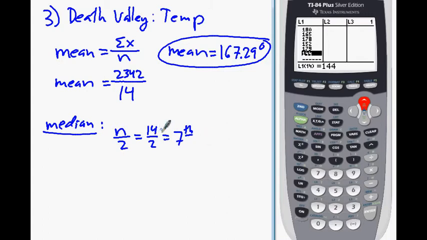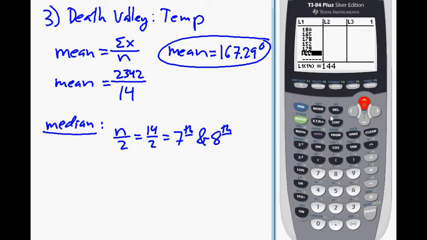But as we've talked about before, when you have an even numbered list, there isn't a single middle position. It's a middle pair, so it's going to be the 7th and the 8th position. It's always the result of this and the one above if it's even. If this is an odd numbered list, you'll end up with a 0.5 and then you just round up and you have a single position.